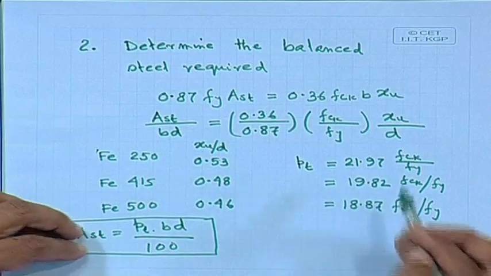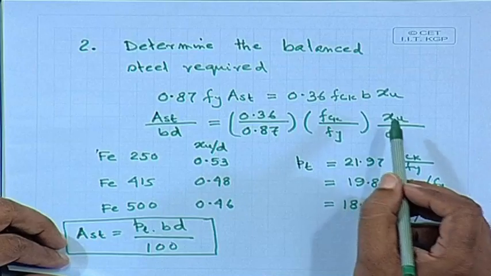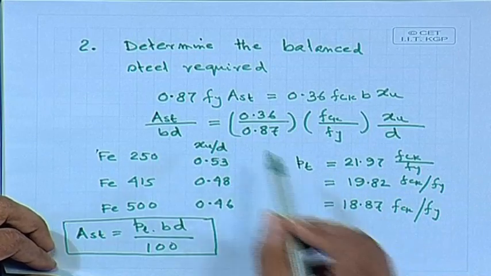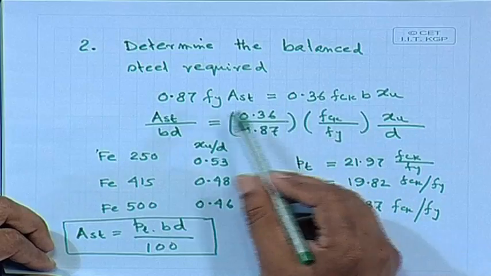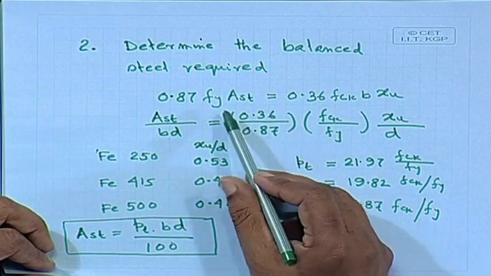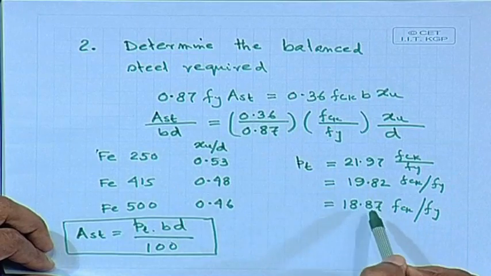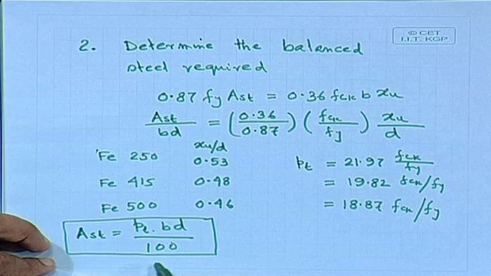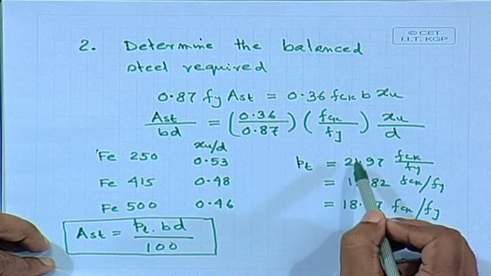Either you can remember this, or we can start from the very first principle. Our objective here is to find out, because it is easier to remember, that the steel force equals the compressive force. From there you get that value, and we can find Ast equal to Pt bd by 100. Therefore, we can write down Pt.